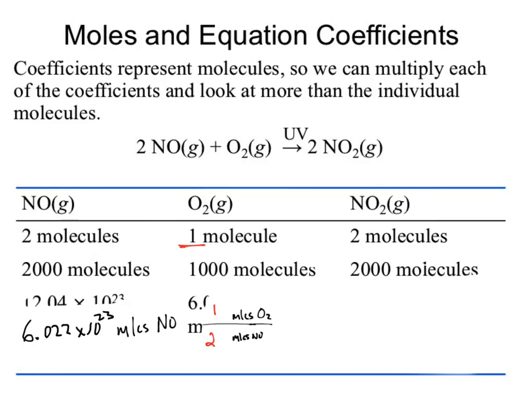Oh, shoot. Of course I picked the wrong one. So let's ignore the numbers underneath. The answer would become 1/2 of that, which is 3.011 times 10 to the 23rd molecules of O2. How many molecules of NO2 would be produced?